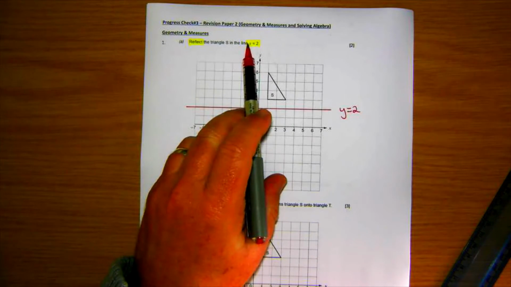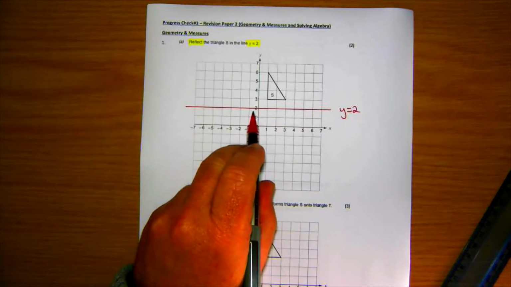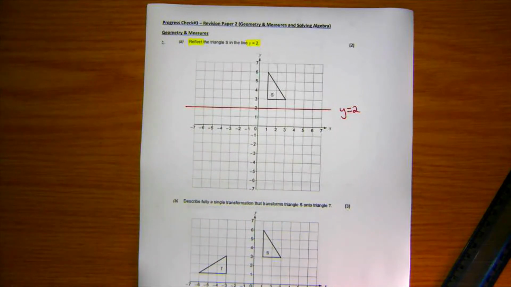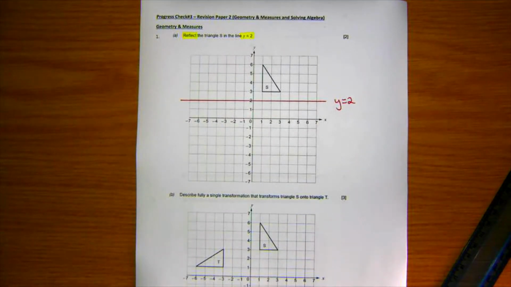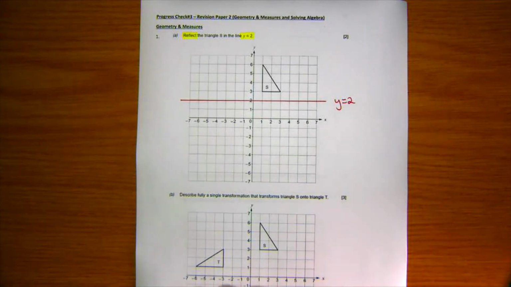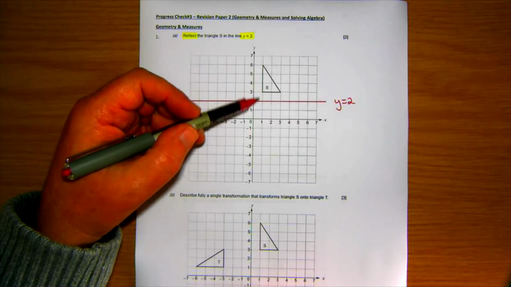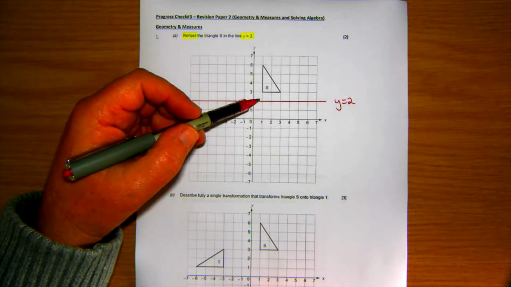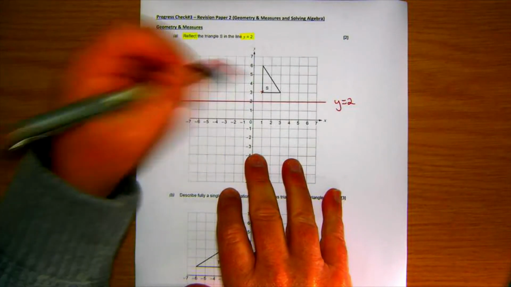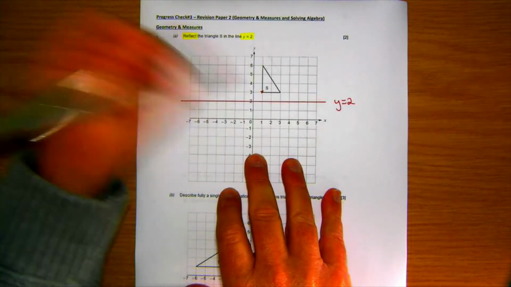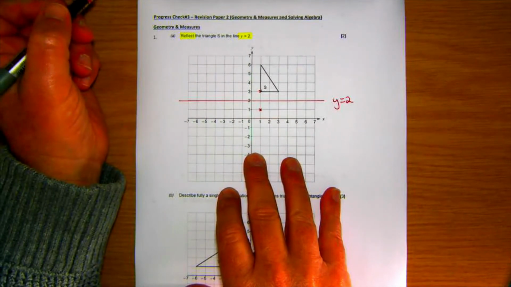So the line y equals 2 is the line which goes through every point which has the y coordinate of 2, which is there. Then when we're reflecting that, what you need to remember is that the distance from the object, the original shape, to the mirror is identical to the reflection. So that point there is 1 square above the mirror, so its reflection would be 1 square below the mirror.